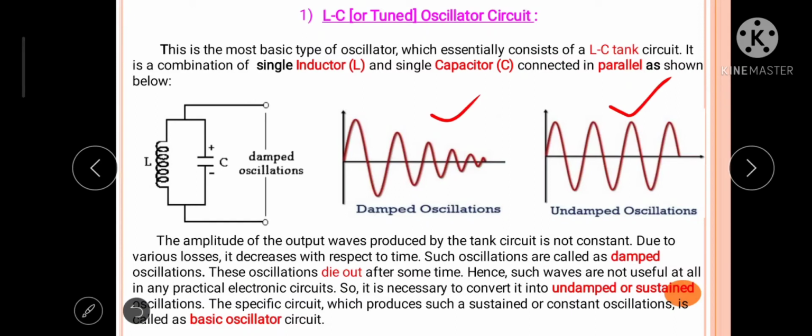Hence, such waves are not useful at all in any practical electronic circuits. Therefore, it is necessary to convert them into undamped or sustained oscillations. The specific circuit which produces such sustained or constant oscillations is called a basic oscillator circuit.